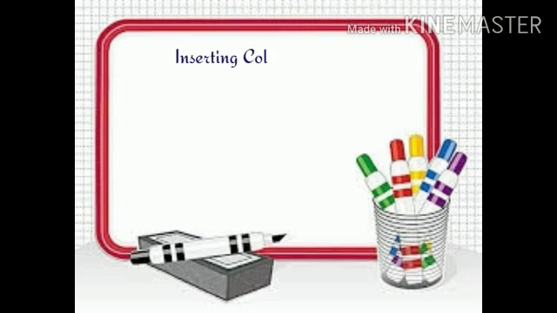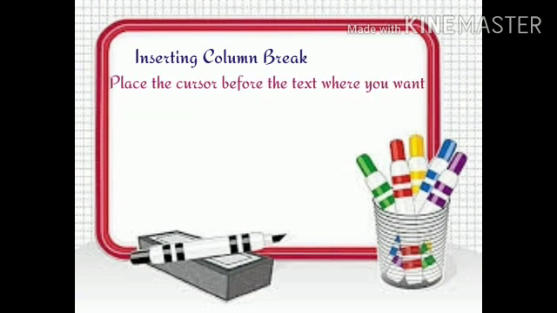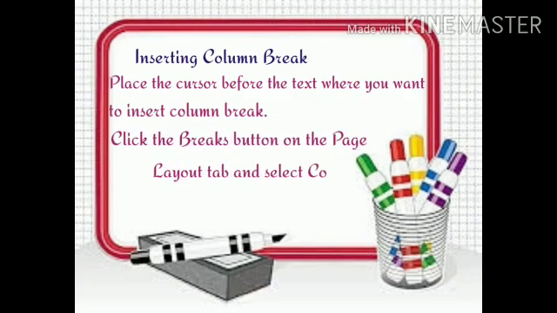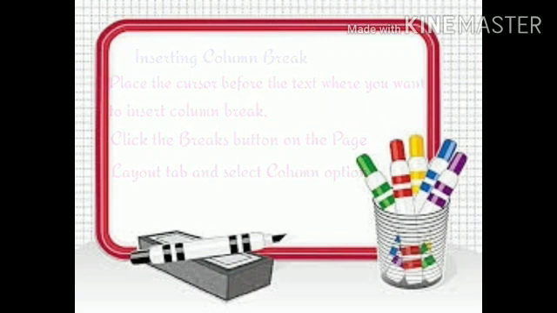Next is inserting column break. If you have already added some columns to your document, then you must have noticed that some columns are not balanced. For this, you can use column break. How are you going to do that?